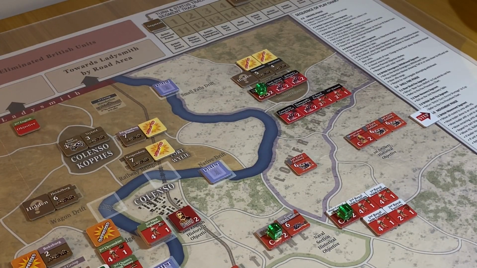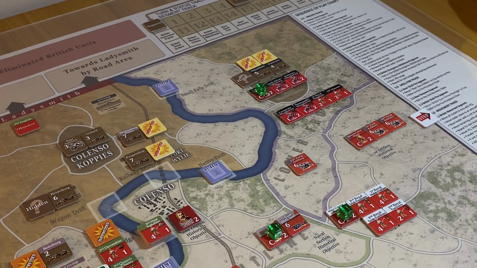Is it on the Boer Wusses? Right, where does it tell you? It's under the Wusses bit, I think. Boer firing. Boer firing. British Wusses.